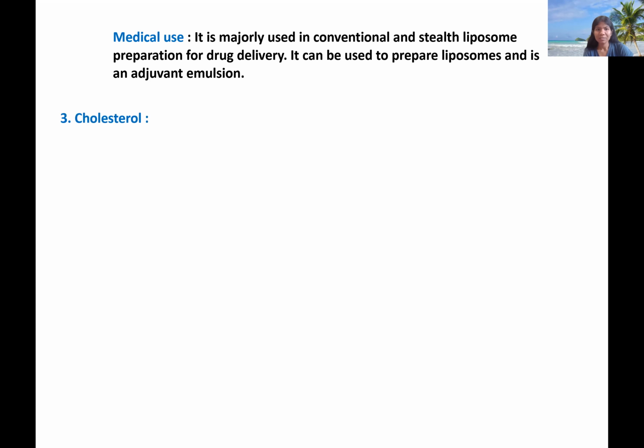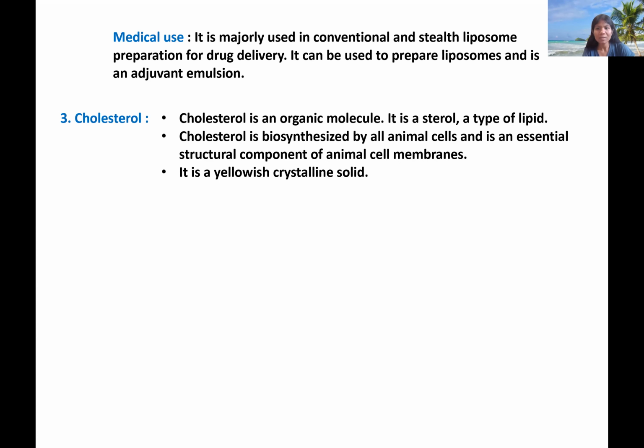Next, the third ingredient is cholesterol. We all know about cholesterol, it is a pretty common thing. It is an organic molecule, a lipid, biosynthesized by all animal cells, and an essential structural component of all animal cell membranes.